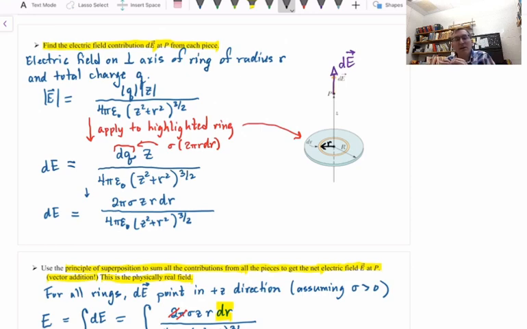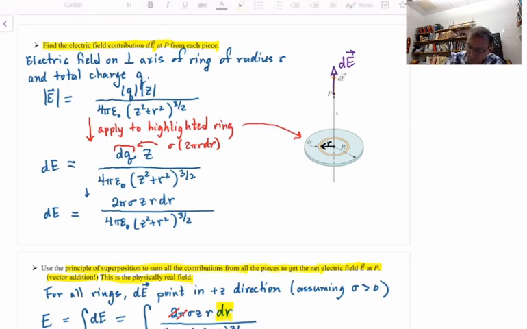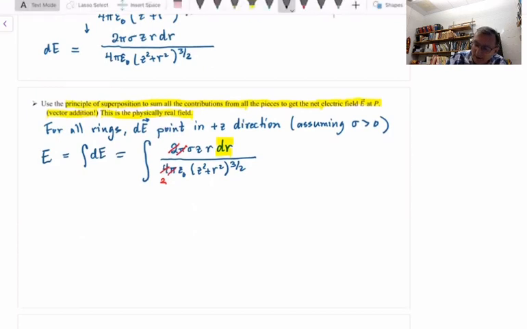So you have to think about what the little r varies over to go from the middle out to the edge. Little r is just the distance from the center, so when you're at the center, the little r is 0. And when you're at the edge, the little r is equal to big R, the radius of the disk. So my limits on my integral are little r goes from 0 to big R.